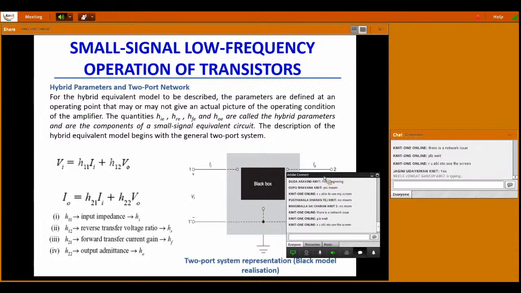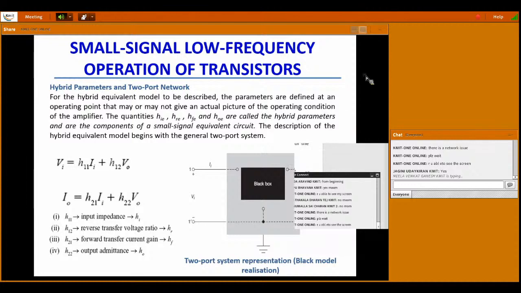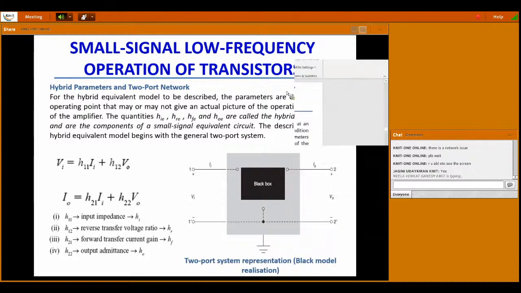So, AC analysis of any amplifier, small signal analysis, can be done with the two-port network, as the transistor has 3 terminals. In order to obtain the 4 terminals of a two-port network, we take one terminal of the transistor as the common terminal, and we connect 1 and 1 dash as the input terminals, 2 and 2 dash as the output terminals, with one terminal connected to the ground.